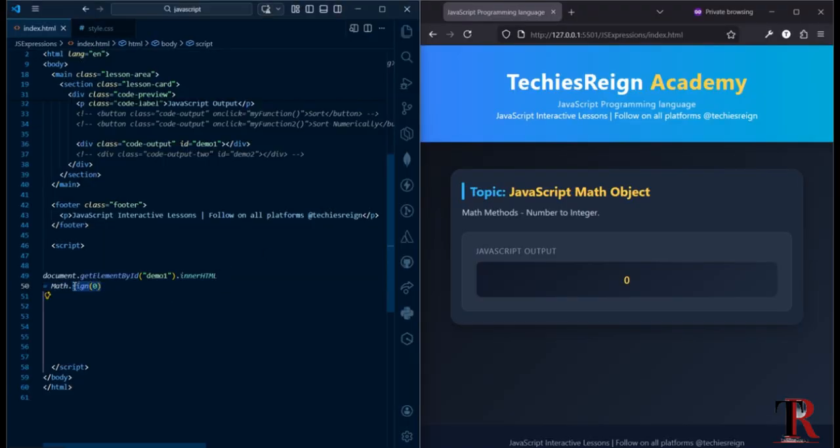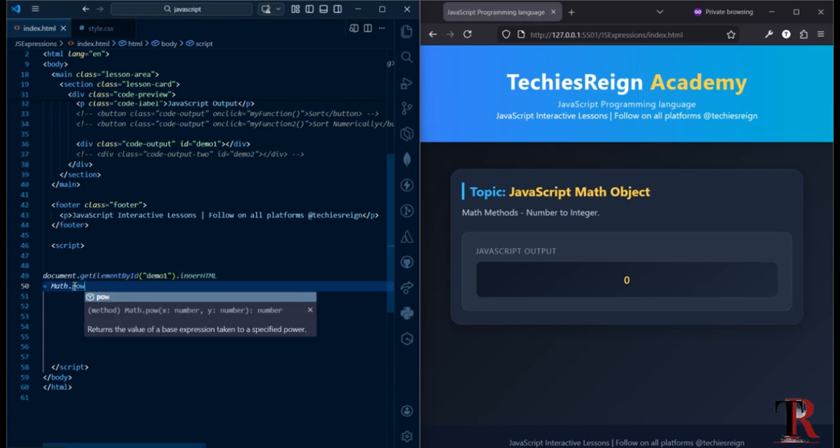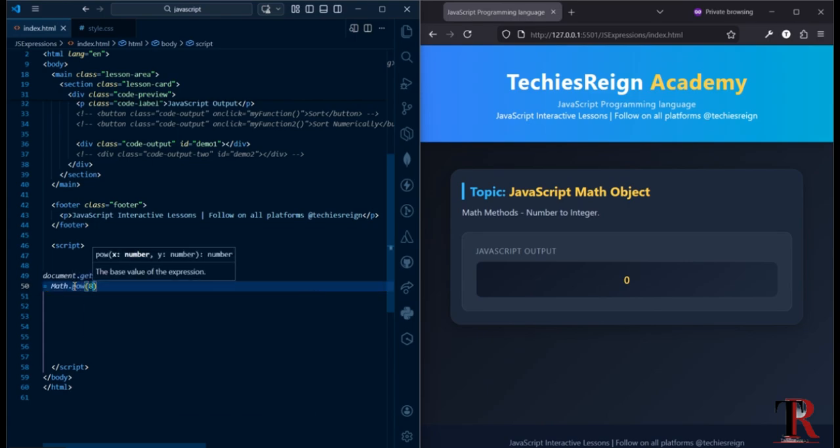So here, math.power, 8 and 2. You see 64, that means 8 times 8, 64. If I say 8 raised to power 8, that is 8 times 8 in 8 places. You can see the result. If I say in 70 places, you should have a very large number.